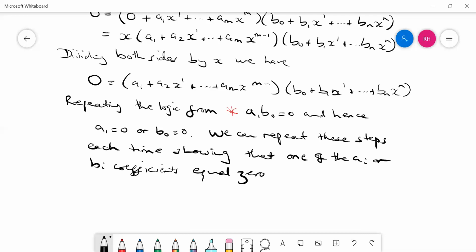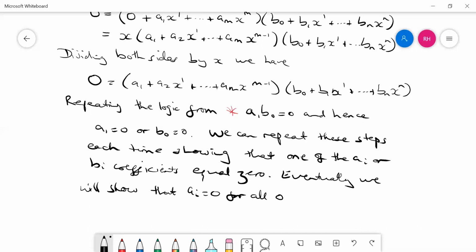So if we keep doing it, eventually we will show that a_i equals 0 for all i up to m, or b_i equals 0, all the b's are 0, for all i up to n.